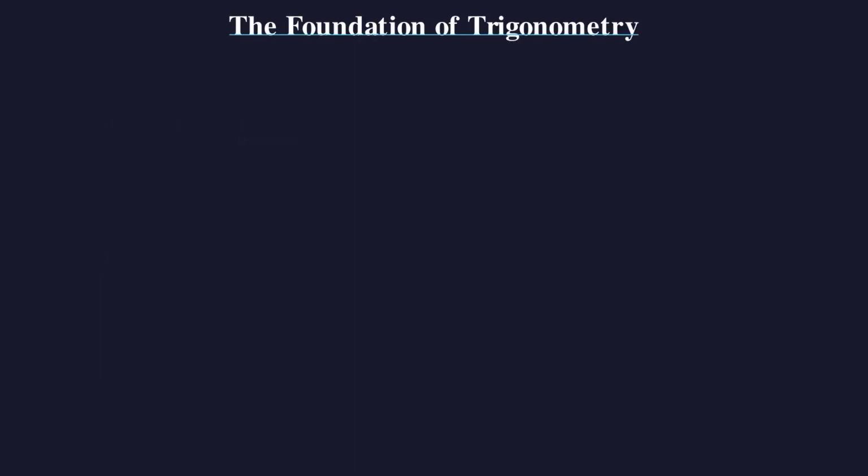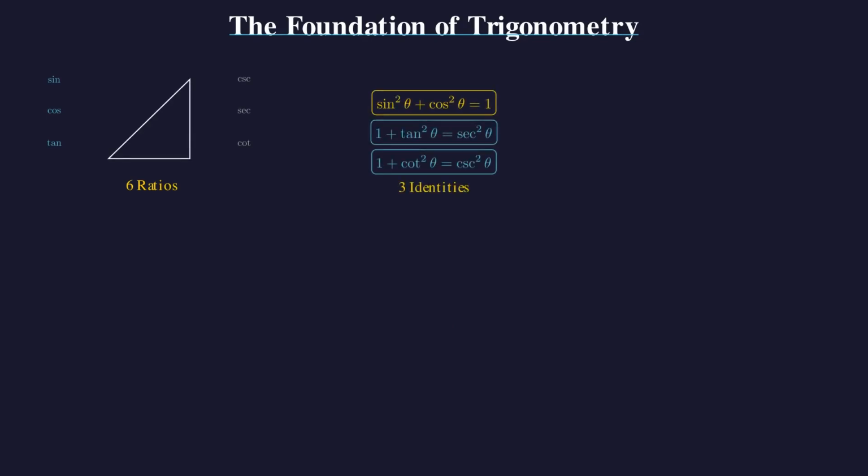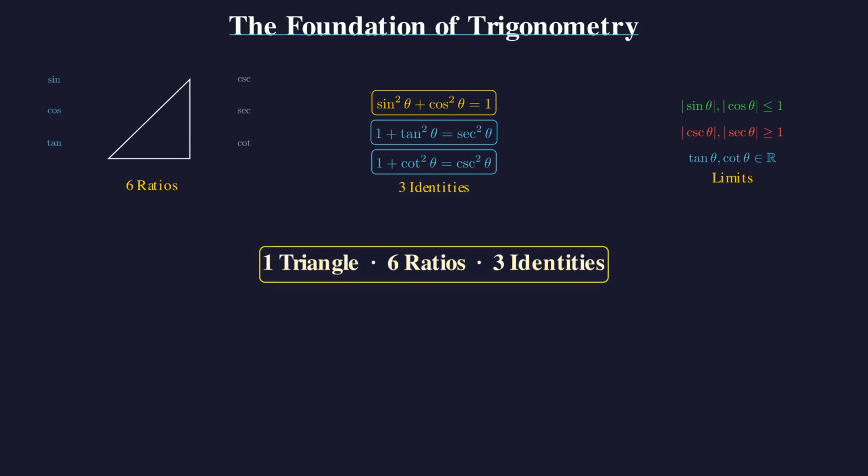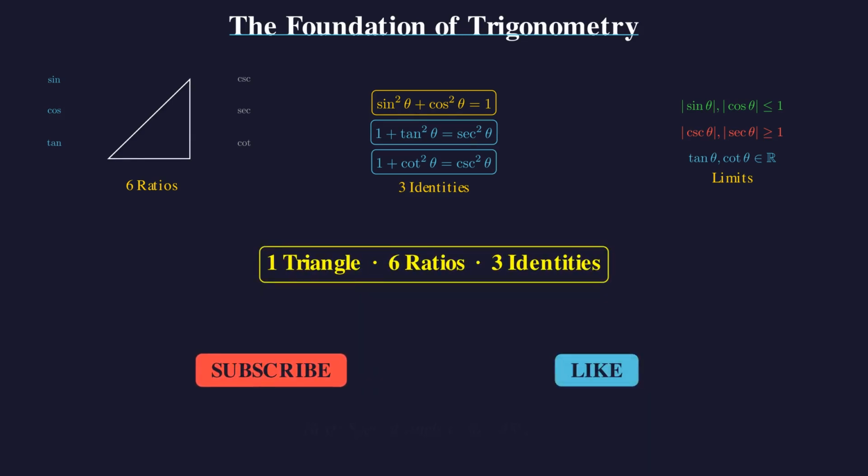Let's bring it all together. We started with one right triangle, 3 sides, 1 angle. From those 3 sides, we built 6 ratios: sine, cosine, tangent, and their reciprocals: cosecant, secant, cotangent. Then we took the Pythagorean theorem and divided it 3 ways to get 3 powerful identities, the most important being sine squared plus cosine squared equals 1.